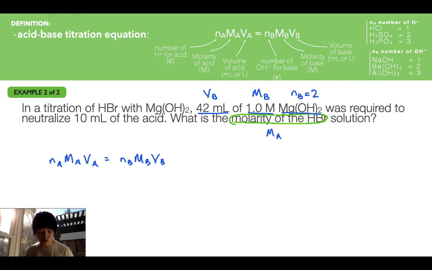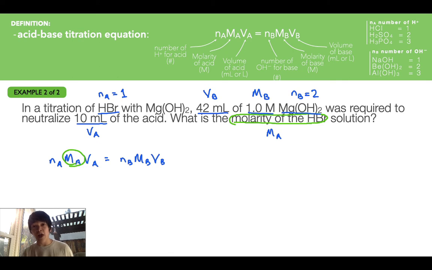That was required to neutralize 10 milliliters of the acid. So we have the volume of the acid. Do we know how many hydrogen ions that hydrobromic acid can give? Well, hydrobromic acid only has one H, so it can only give one hydrogen ion. Na is equal to 1.